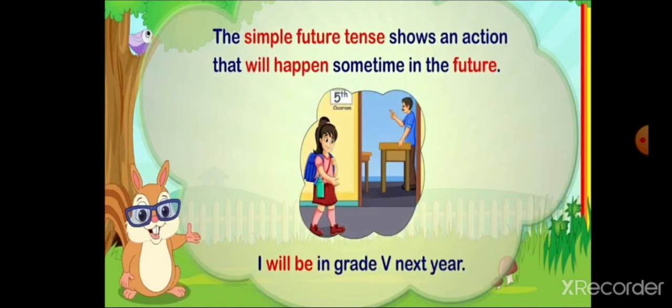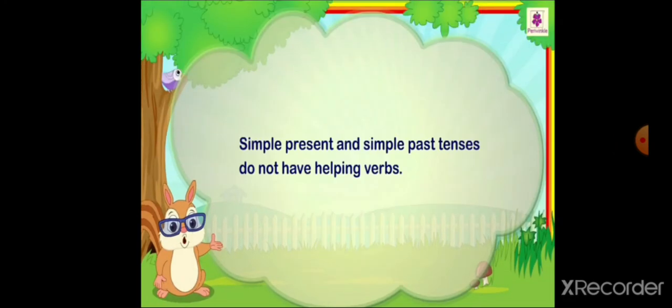I will be in grade 5th next year. Means in this sentence, she will be in grade 5 next year. There is no specific time given. So we can say that this sentence is in future tense. Means the action is performed in future, but there is no specific time given at what time the action should take place.